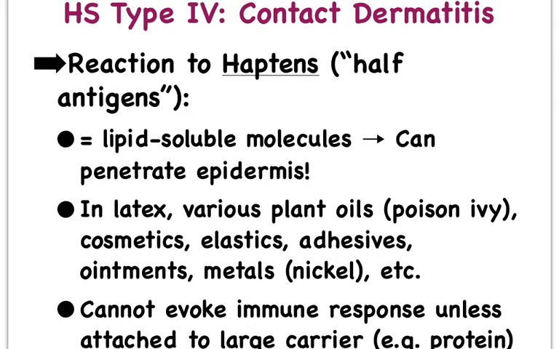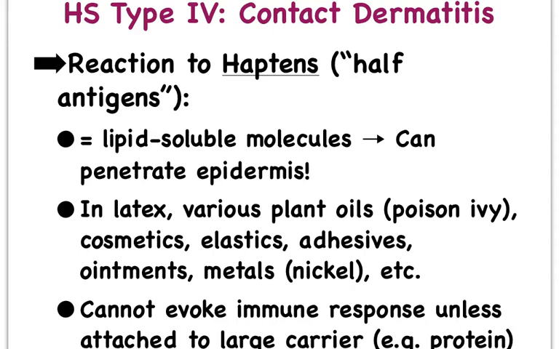So in contact dermatitis, we're dealing with something called a hapten. The hypersensitivity reaction, I should say, is due to the response to what is referred to as a half antigen or a hapten. So it's not really functional all by itself.